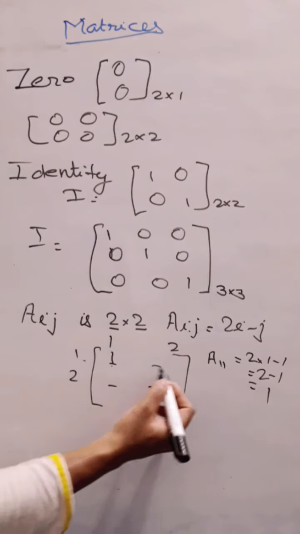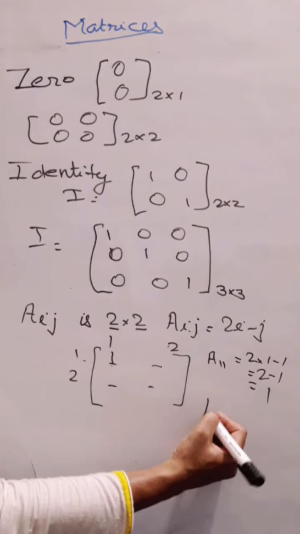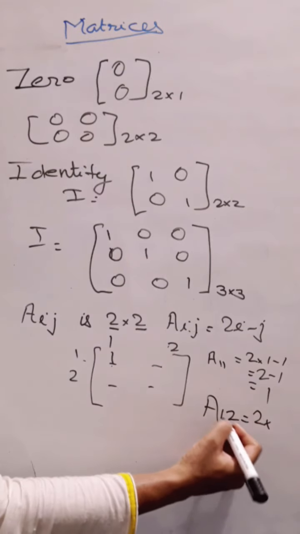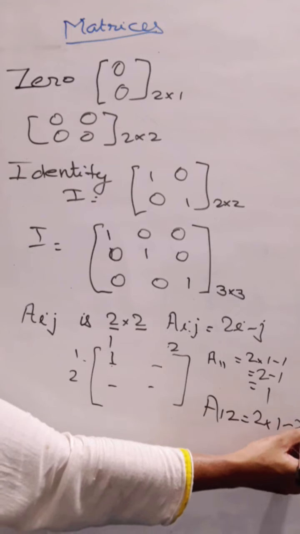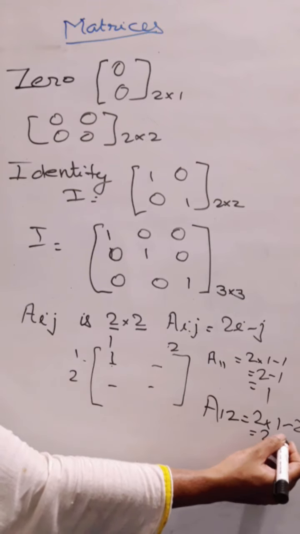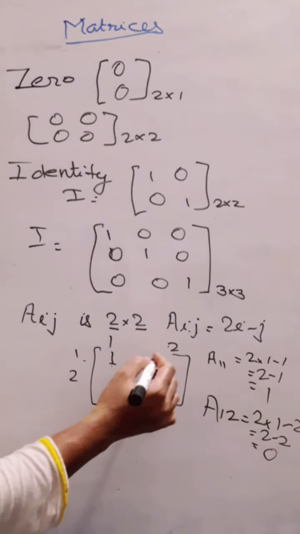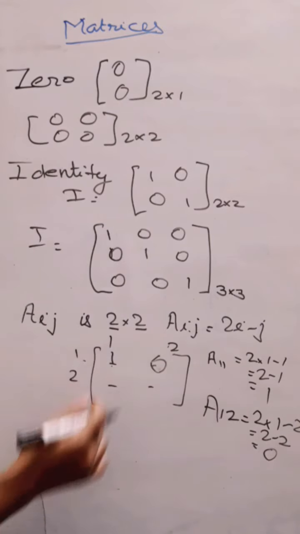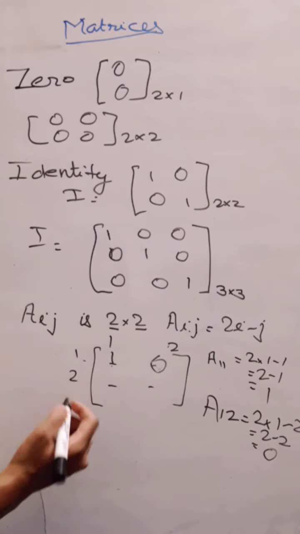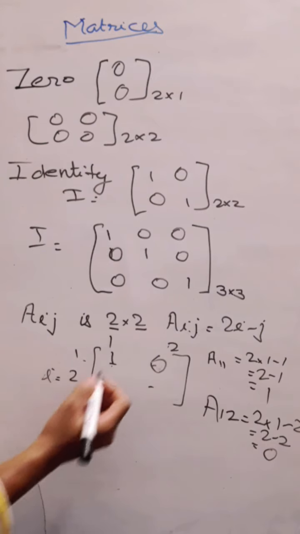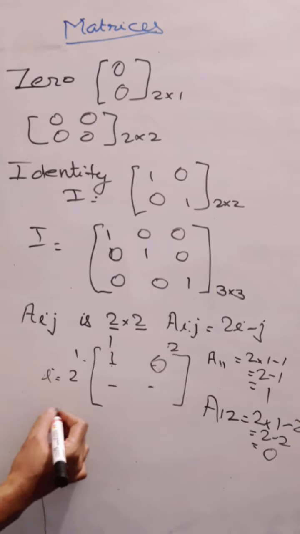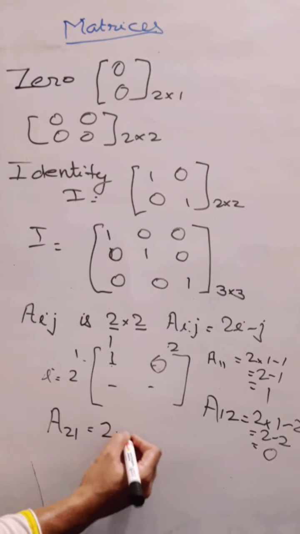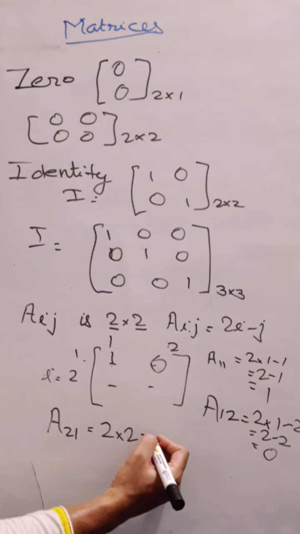Now first row second column. Here 2 into i, where i is 1, and j is 2. So it will be 2 minus 2, that is equal to 0. So here it comes 0. Now for the second row first column element, i is 2 and j is 1.